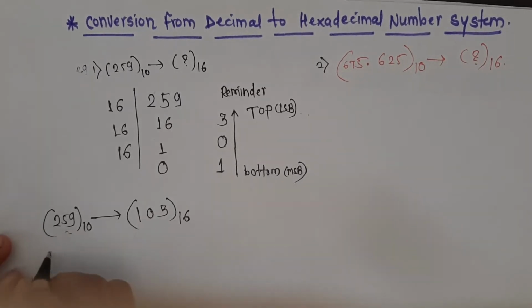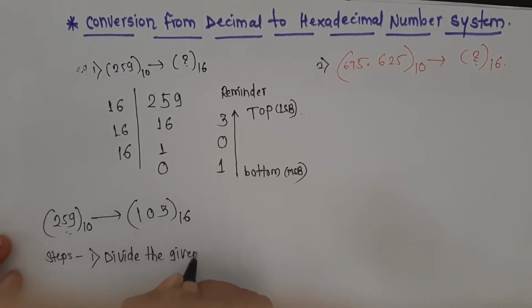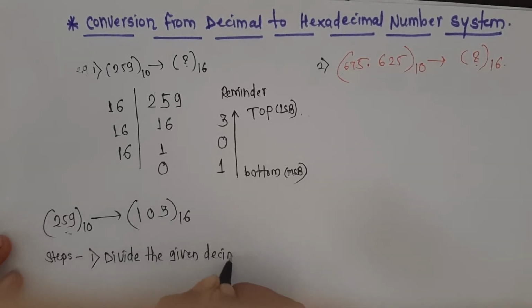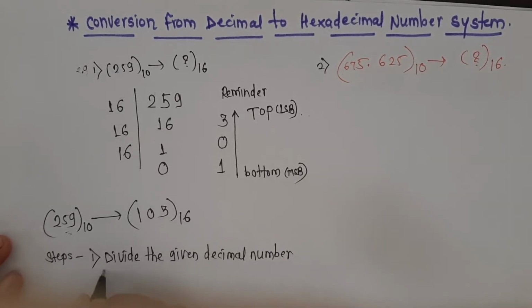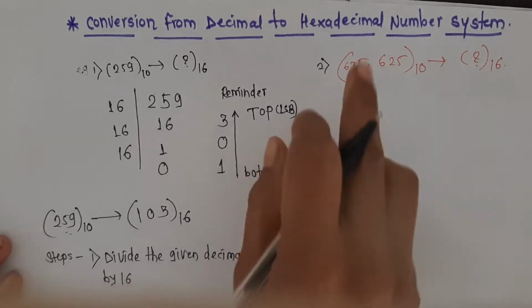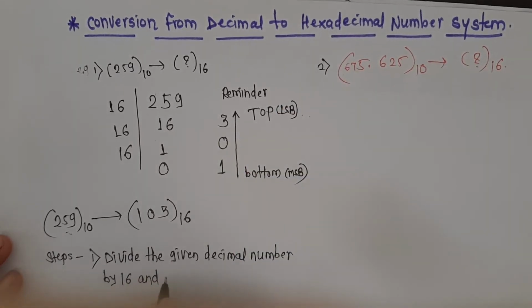So what are the steps? The steps are the same. Divide the given decimal number by 16, the base of the hexadecimal number system, and note down the remainder.